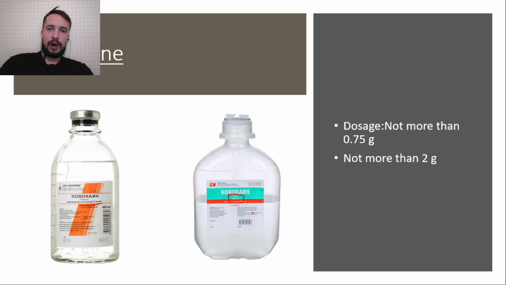When we talk about dosage or concentration in a patient, we can give no more than 0.75 grams at the start of the operation, and for the whole operation, no more than 2 grams.